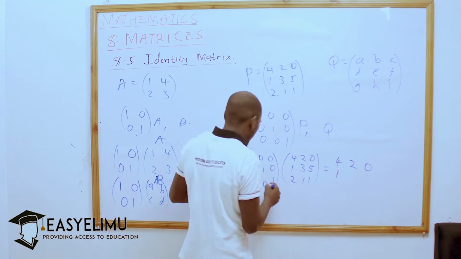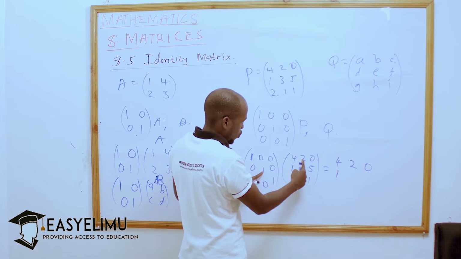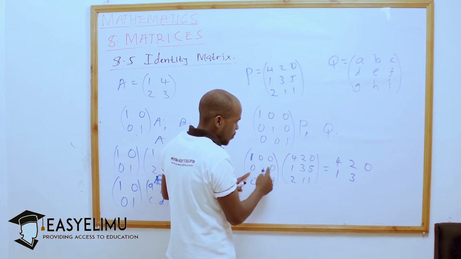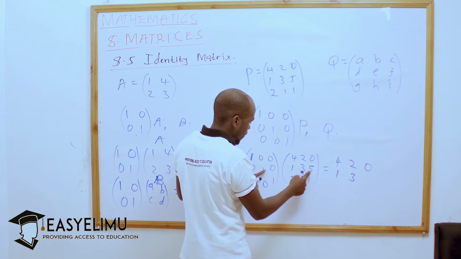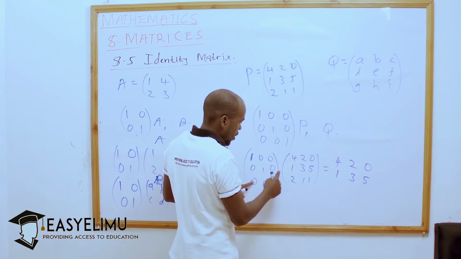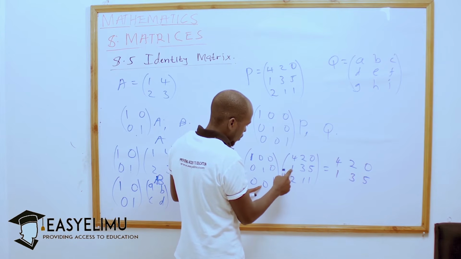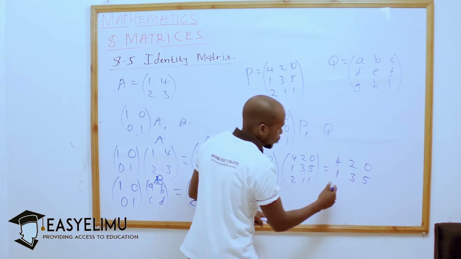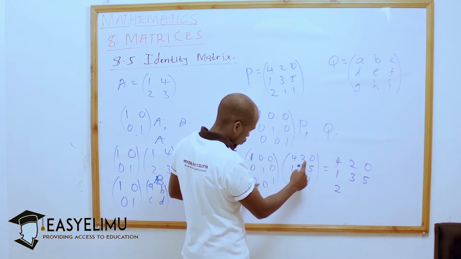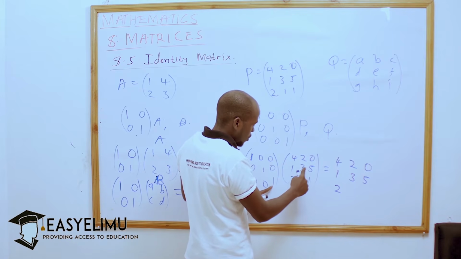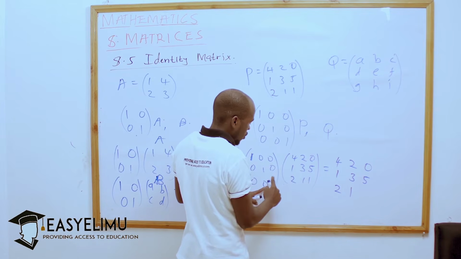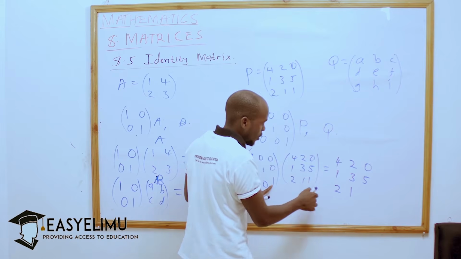We are going to get 1. 0 by 2, plus 3, plus 0, 3. 0 by 0, plus 5, plus 0, 5. 0 by 4, plus 0, plus 2, 2. 0 by 2, plus 0, plus 1, 1. 0 by 0, plus 0, plus 1, 1.